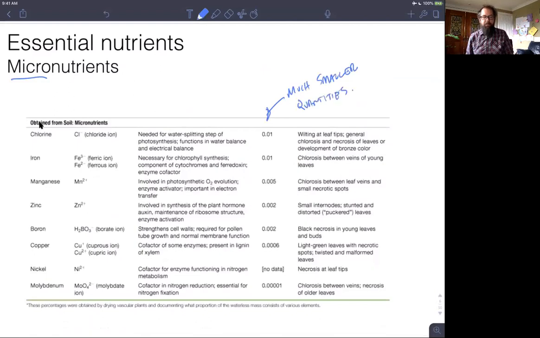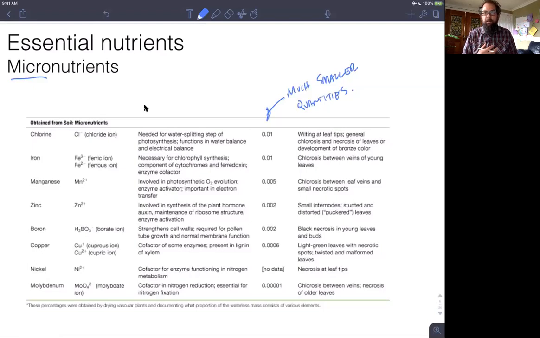Remember, this is that average percent dry weight of these nutrients, and they include things like chlorine and iron, magnesium, zinc, boron, copper, nickel. So all of those are things we think of as heavy metals, and in large quantities are actually toxic to the plant, but they're essential nutrients.